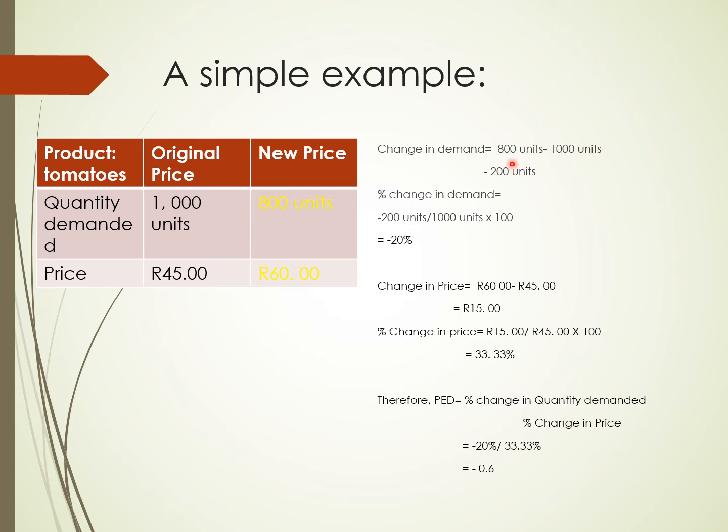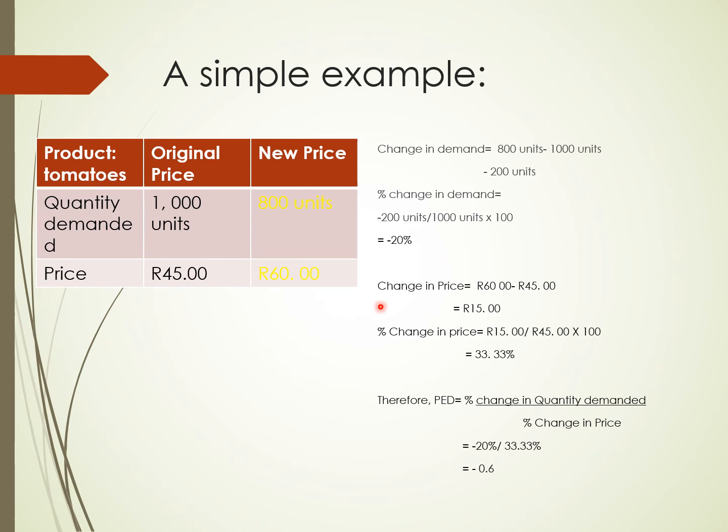So it's going to be 800 units minus 1000 units, and we get negative 200 units. For us to calculate the percentage change in demand, we take this negative 200 units and divide it by the original quantity demanded, which is 1000 units. From there we multiply by 100, and our answer for the percentage change in quantity demanded is negative 20%.